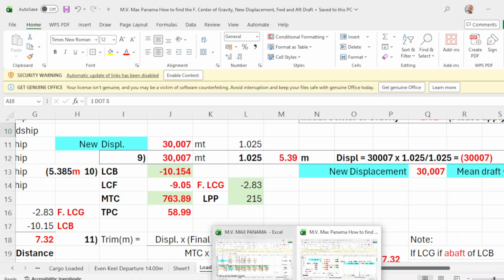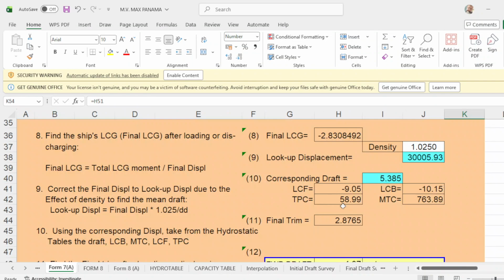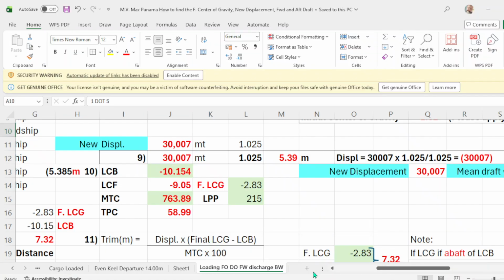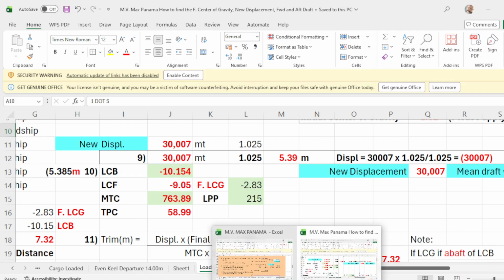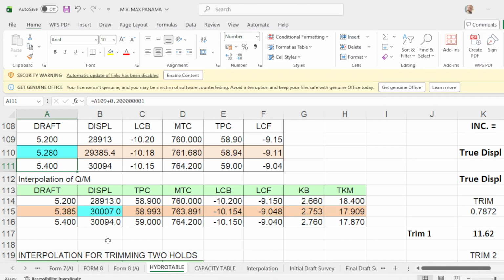Then next, TPC is 58.99. TPC is 58.99. And TPC here is 58.99. Okay.